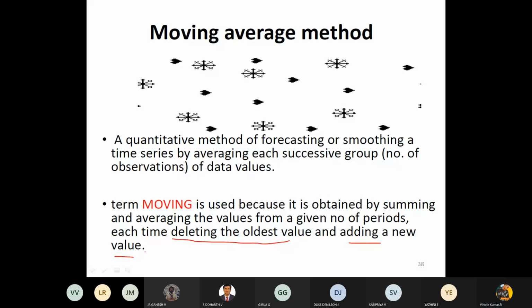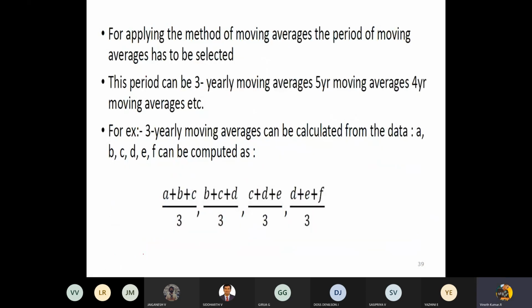And for applying the moving average method, the period of the moving average has to be selected. For example, a 3 yearly moving average, a 5 yearly moving average. If the question asks to find a 3 yearly, 5 yearly, or 4 yearly moving average, like this they will give, right?